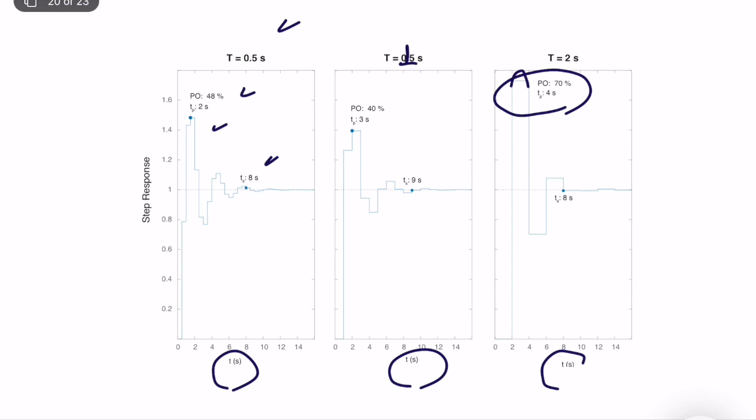But sometimes, weirdly, we have an overshoot difference here. This is 40% and this is 48%. So it's kind of counterintuitive that the middle one is the best overshoot, which is technically a little bit wrong because of the sampling time, we cannot exactly capture what's going on here.